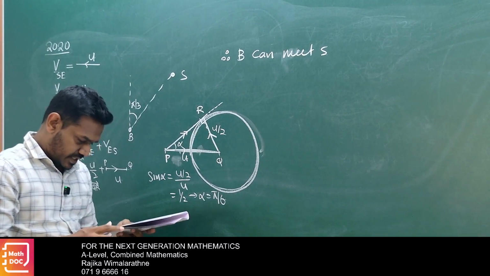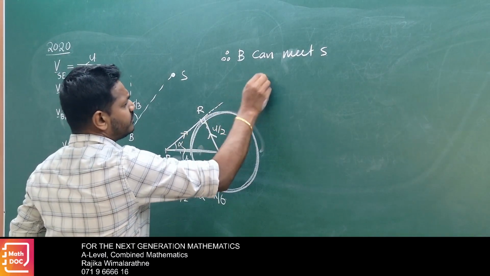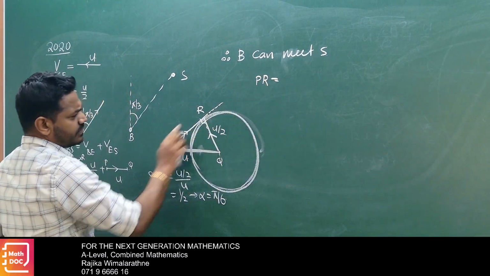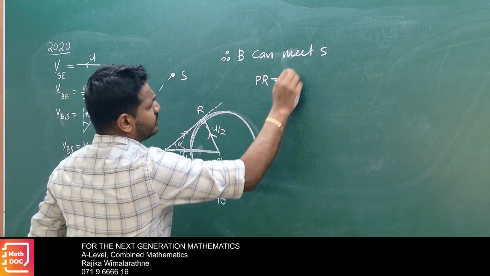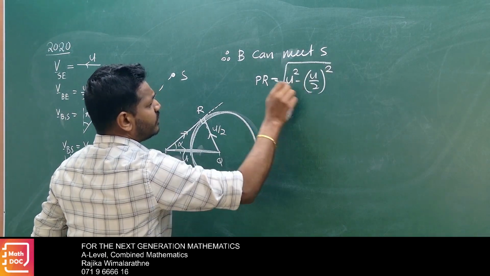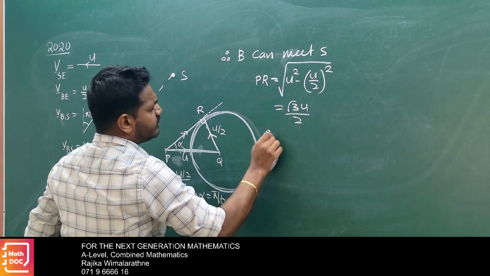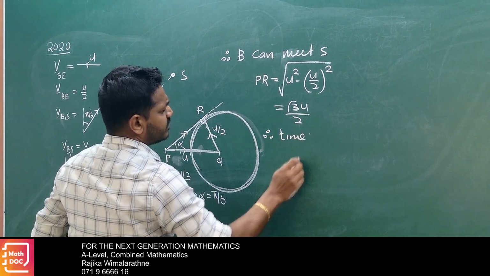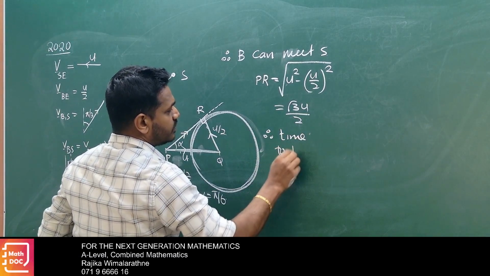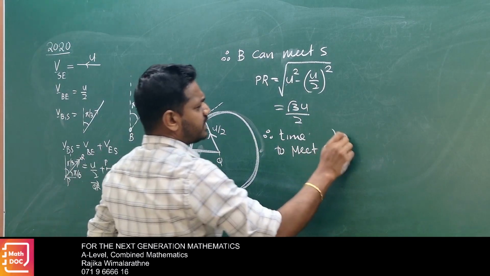Okay. Now we need to find the time to intercept. Then PR magnitude. Find PR magnitude by the Pythagorean theorem: u squared minus u over 2 squared, square root. Then 4, 3. Root 3 u over 2. Therefore time to meet S, say T1.